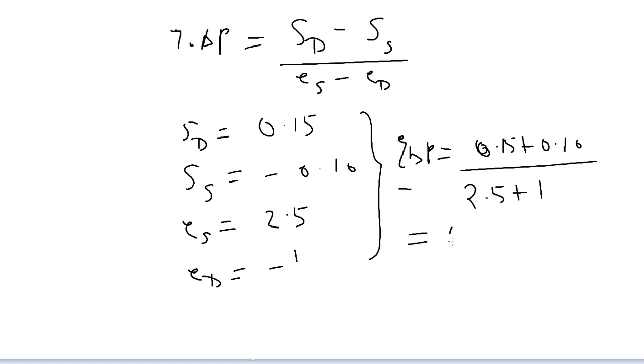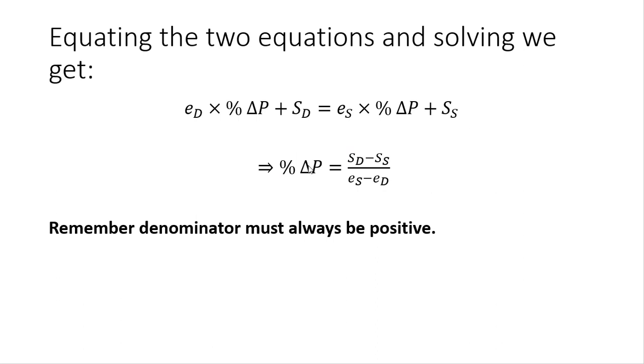So this is 0.25 divided by 3.5, which is 0.07. Okay, so price increased by 7% because of an increase in the shock in demand, and then there's a decrease in the supply.